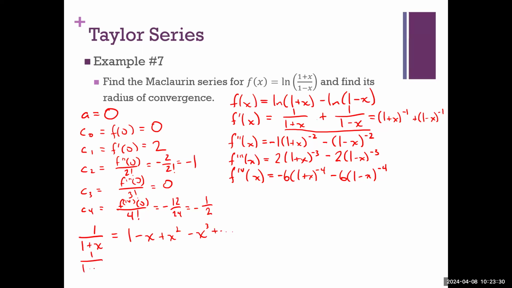How about 1 over 1 minus x? That's the one that's purely not alternating, right? If I add those together, what do I get?